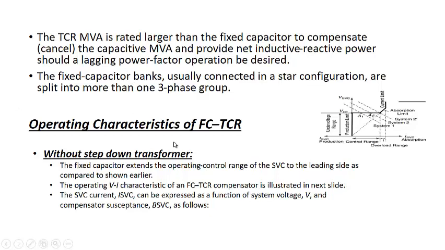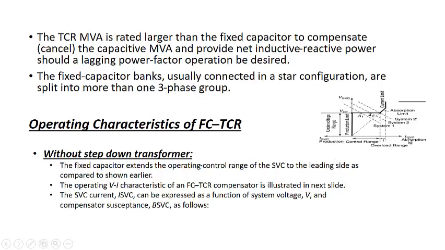Now let us discuss the operating characteristics of the FC-TCR, that is the fixed capacitor thyristor controlled reactor. We'll first discuss it without the step-down transformer. The fixed capacitor extends the operating control range of the SVC to the leading side as compared to what was shown earlier, because earlier it was only from this point to this point, only on the lagging side.